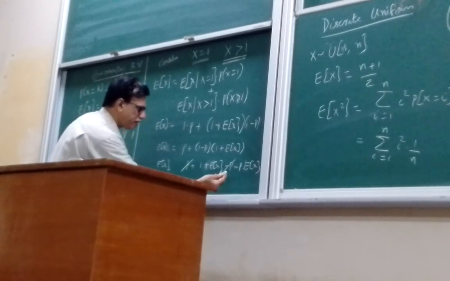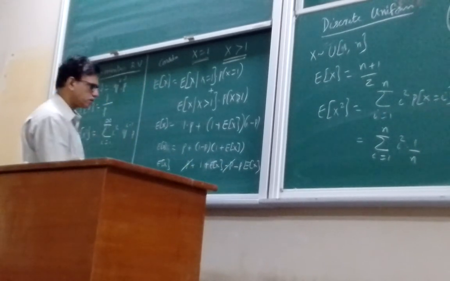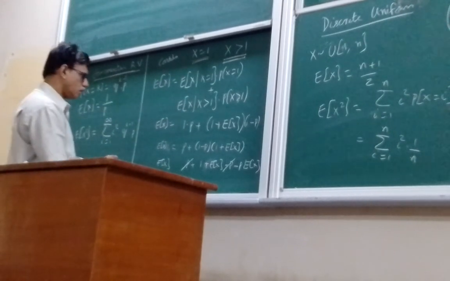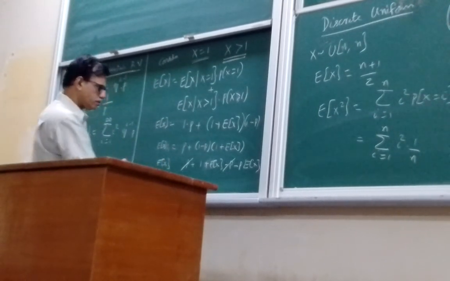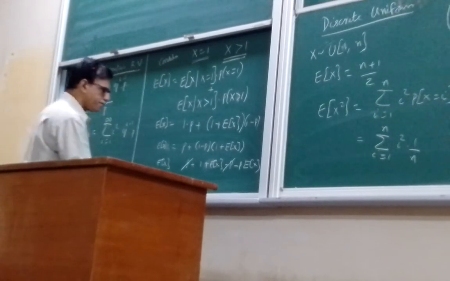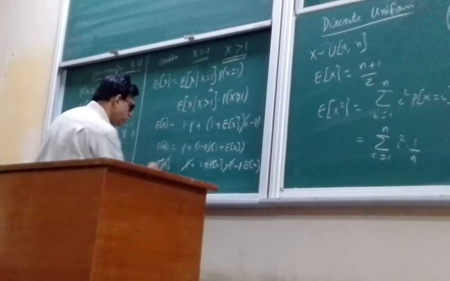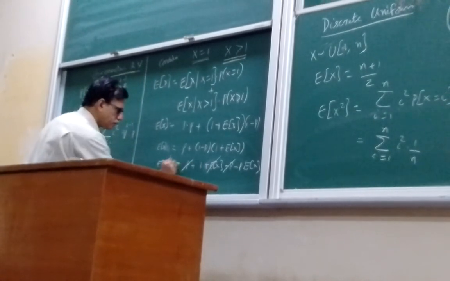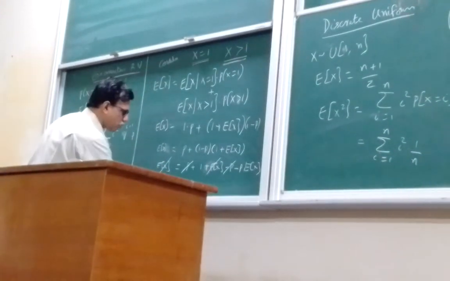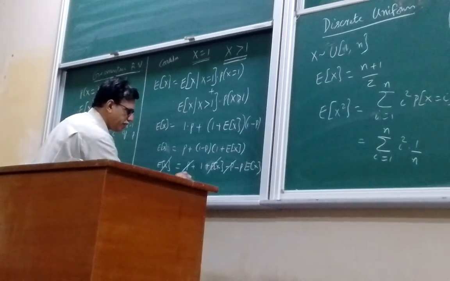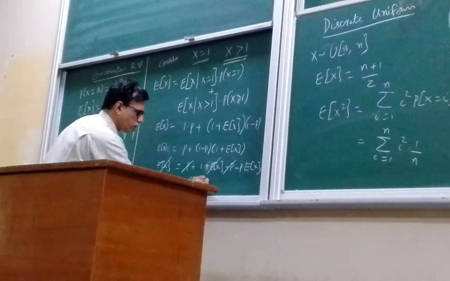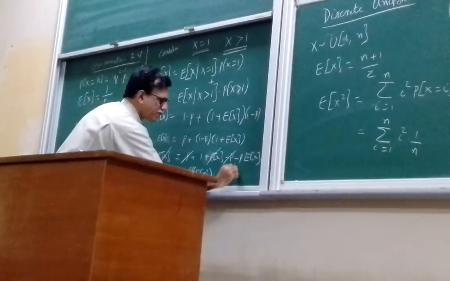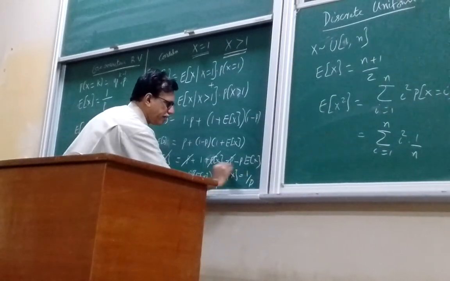So this E of x, yeah. What happens is that if this E of x goes away, this 1 comes here and that becomes minus 1 equal to minus p into E of x. So E of x is equal to 1 over p. That is what we get again.